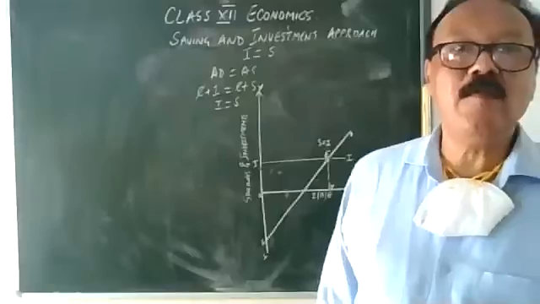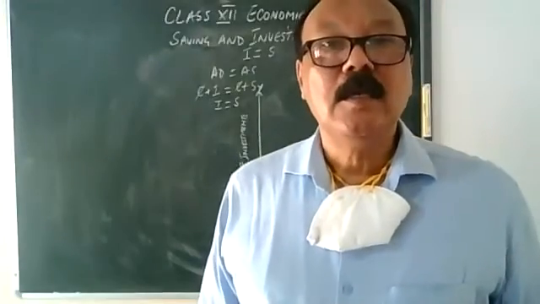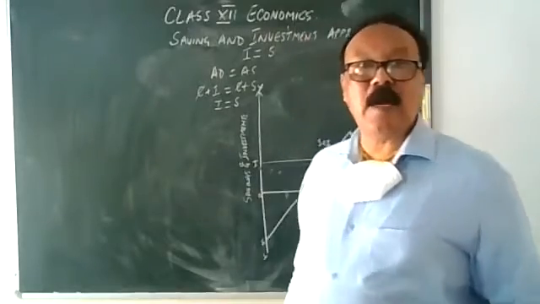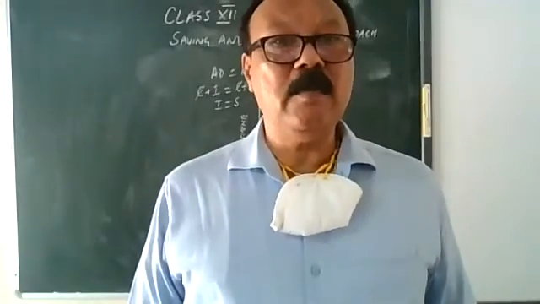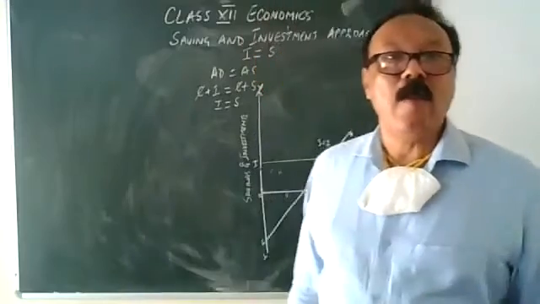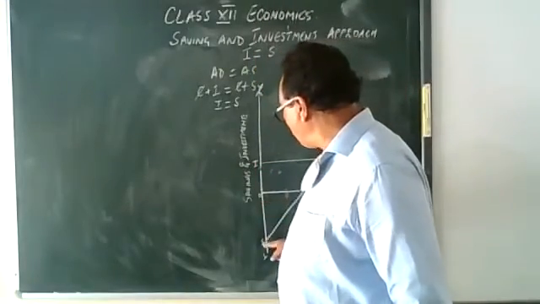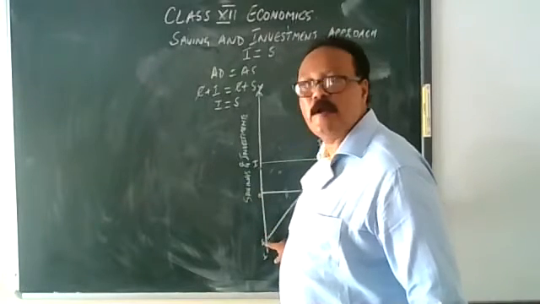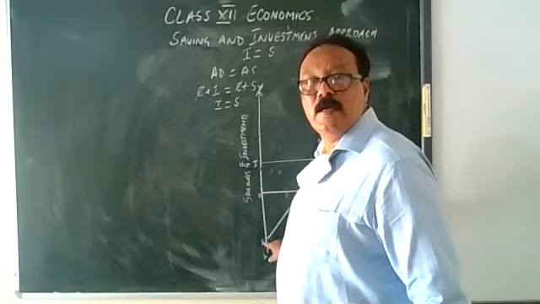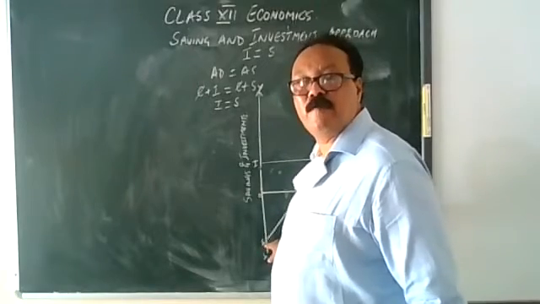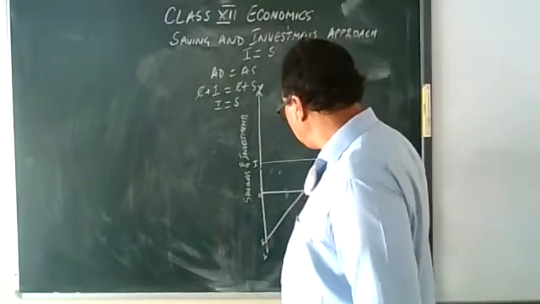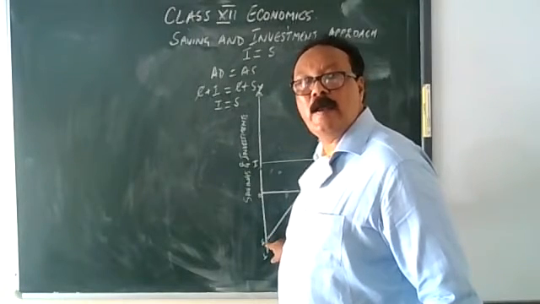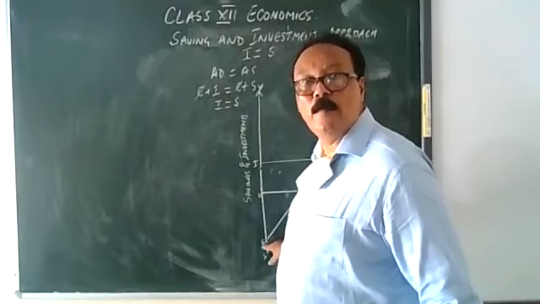And what is the name I had given you for this? Autonomous consumption. So autonomous consumption means some consumption by a person even when his income is 0. And what does he do? He normally borrows from his savings. So your savings is shown in the negative. That is why the SS curve begins in the negative, stating the different levels of savings and showing that there is some consumption even when income is 0.